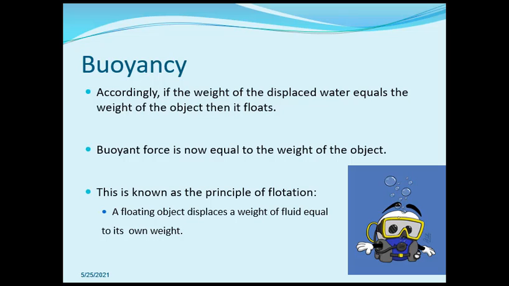That means that the summation of forces on the object is equal to 0, or the net force is equal to 0. Therefore, it can float. This is known as the principle of flotation. A floating object displaces a weight of fluid equal to its own weight.